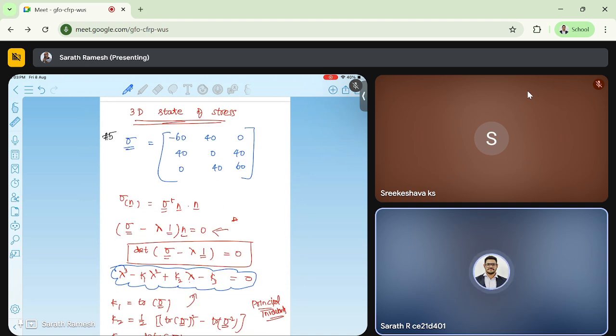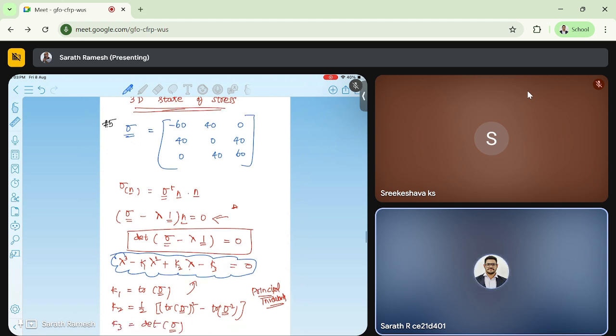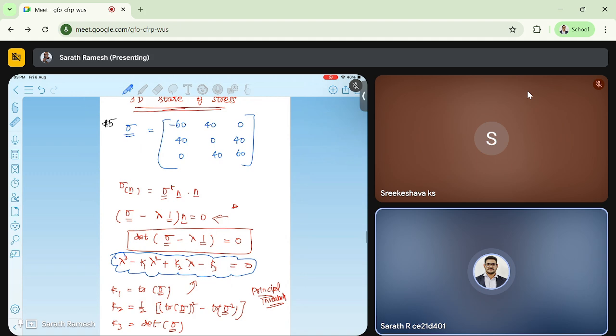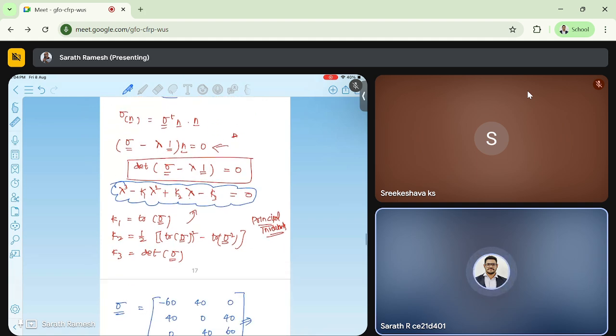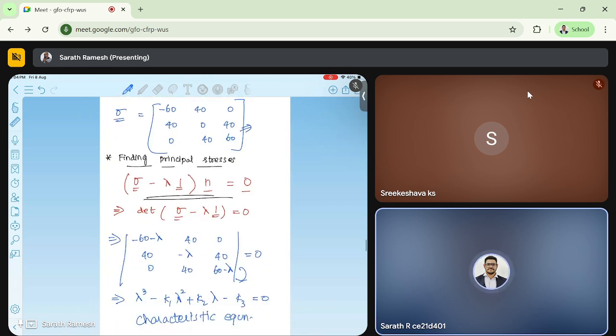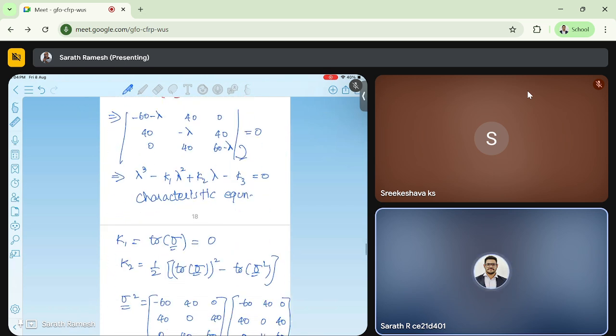Finally, we moved on to the 3D state of stress, where we saw how to solve for the maximum principal stress if I am given a 3 by 3 stress condition, not a plane stress. Here we have to form a characteristic equation first, solve it, and then find the principal directions.